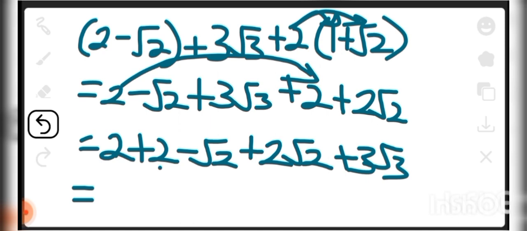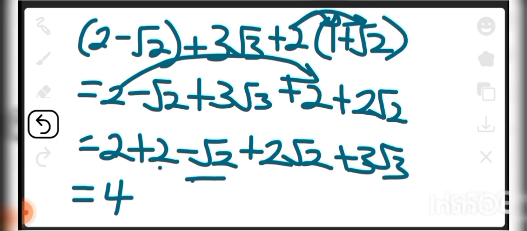2 plus 2, that's 4. And look at this. Minus root 2 plus 2 root 2. It means you were owing 1 root 2, then you're going to get 2 of root 2. Now if you're owing 1 and you want to go and get 2, how many are you going to have? You use 1 to pay the one you were owing, you will have 1 left. That's how that one works.